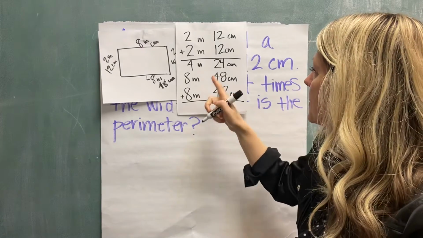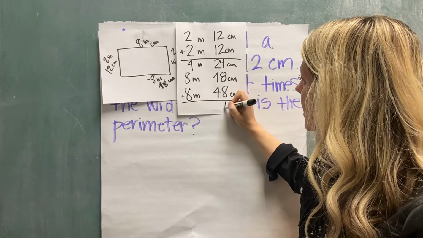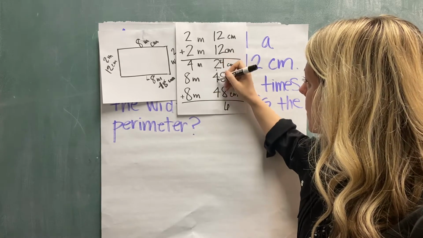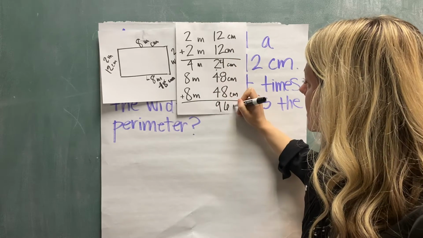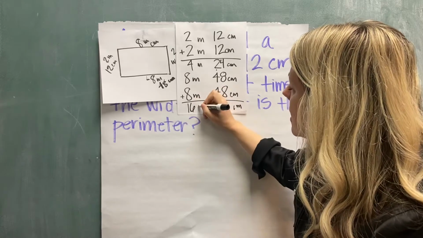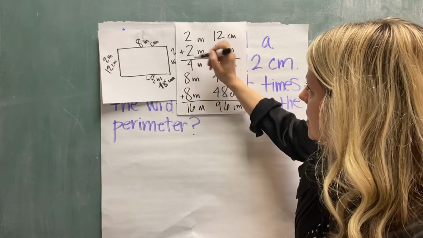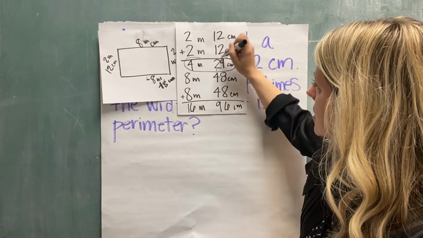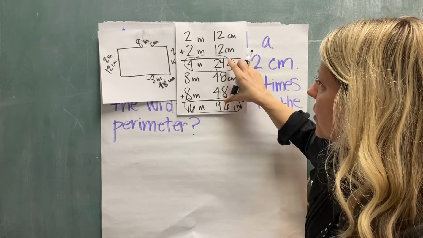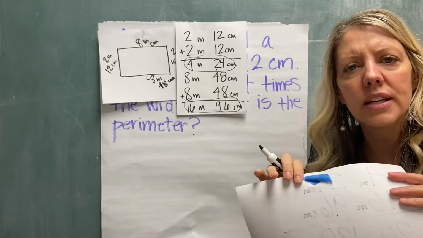Okay, this is 8, 16. Okay, I'm gonna regroup. 96 centimeters and 16 meters. Okay, so now this is this and this. Now I'm gonna put this together. It's all right. I can do this.